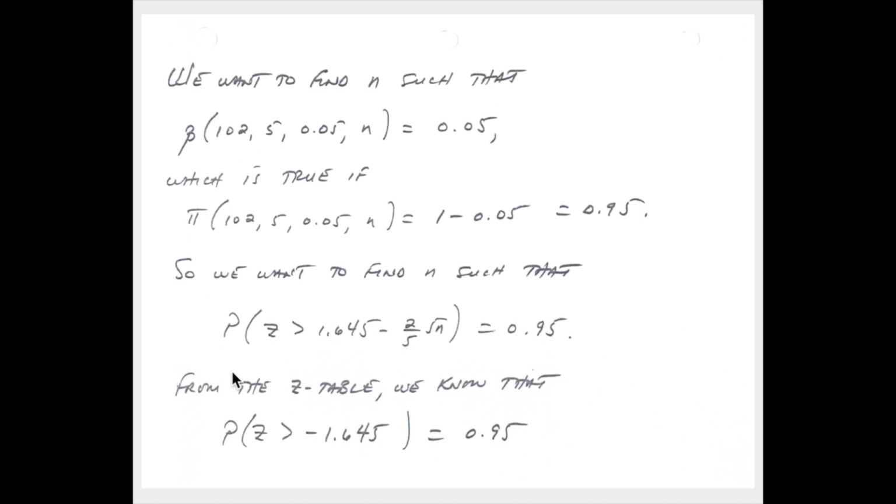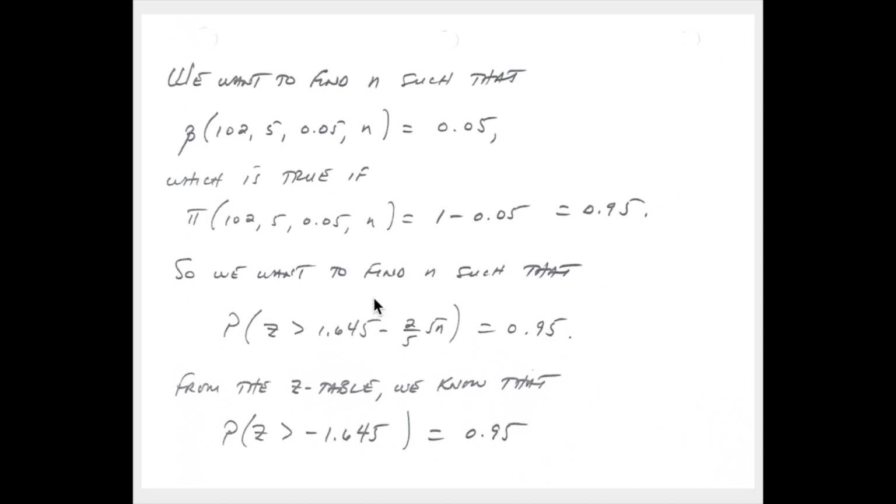Now, we know from the standard normal table that the probability that z is greater than negative 1.645 is 0.95. And so look at what we have. We have two probability statements. They both involve z being greater than some value. And both probabilities are equal to 0.95.